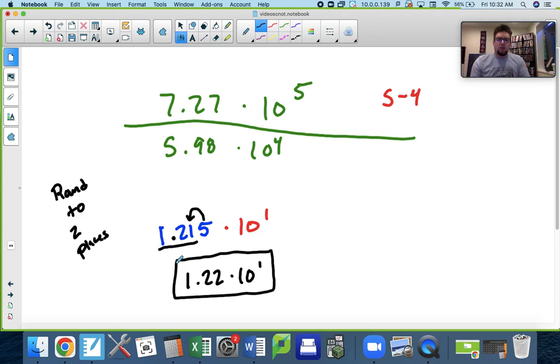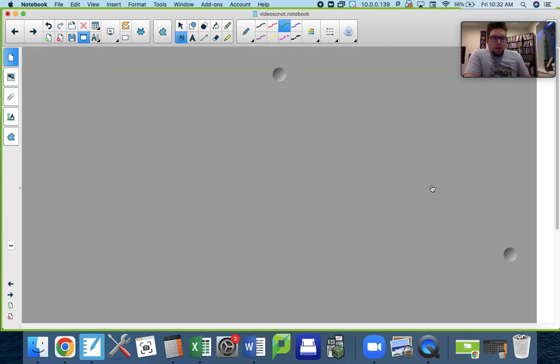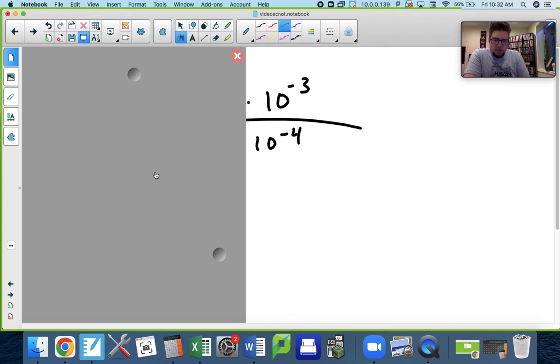If you have negative powers within the quotient rule, it doesn't change the process. We just have to be a little bit more careful because negatives don't work the same as positives. They work a little bit different, a little bit more complicated. So I'm actually going to start with the power of 10 since that's the major piece of what this problem is. We're still going to take that top power and we're going to subtract the bottom power.